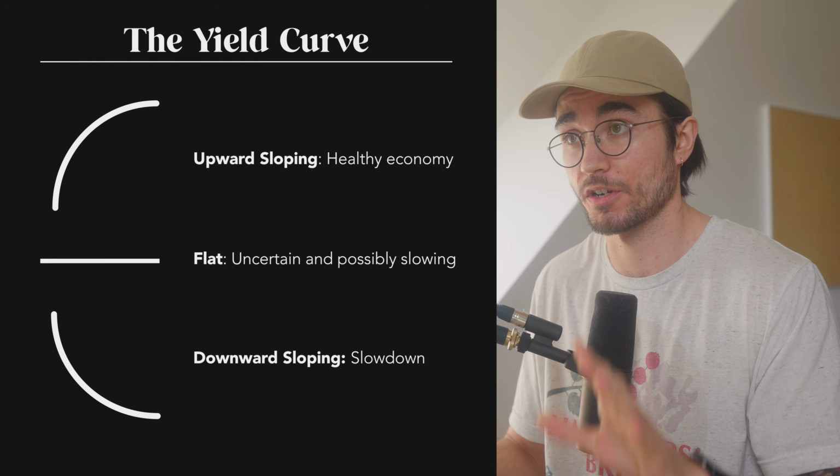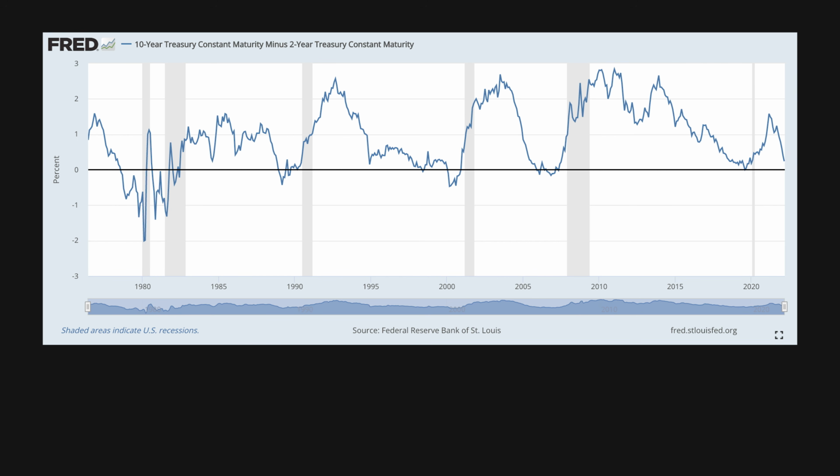We are at a flat curve, and the risk is that we could move on to this next stage, the downward sloping curve. Now, if we return to the chart from earlier, the zero line here represents a completely flat curve. Once the blue line touches the horizontal zero line, that means that the curve is flat. So remember, that represents uncertainty and potential slowing down in the future.